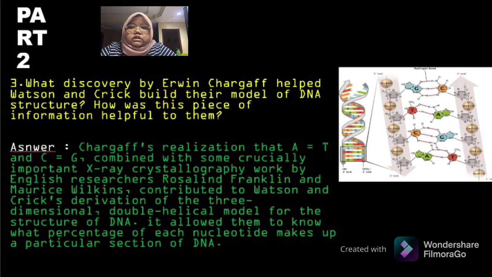So the third question, what discovery by Erwin Chargaff helped Watson and Crick build their model of DNA structure, and how was this piece of information helpful to them?